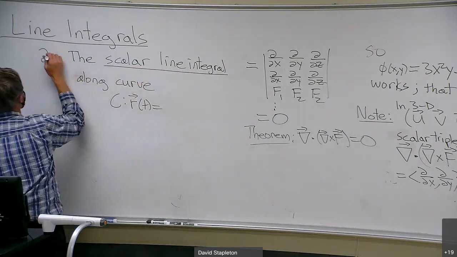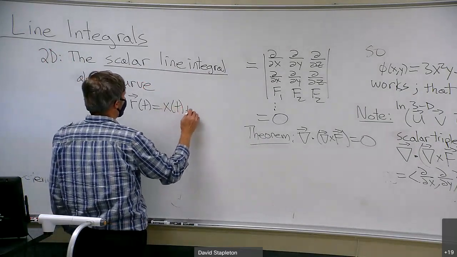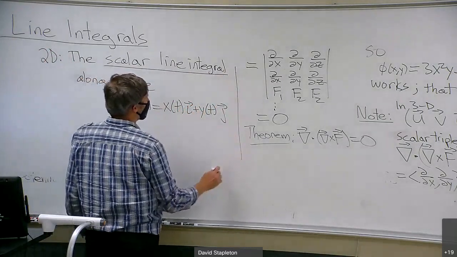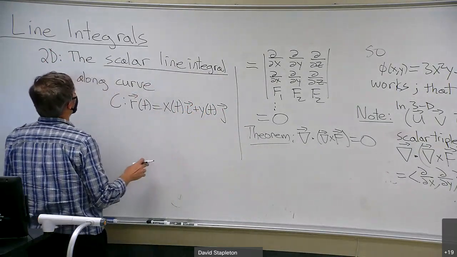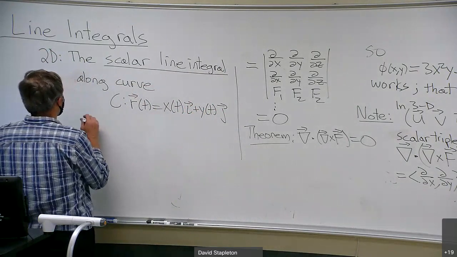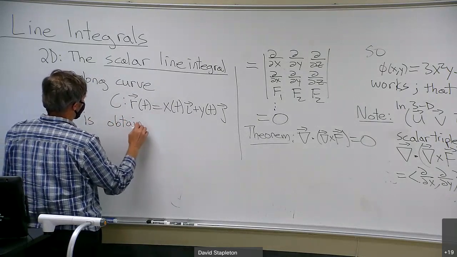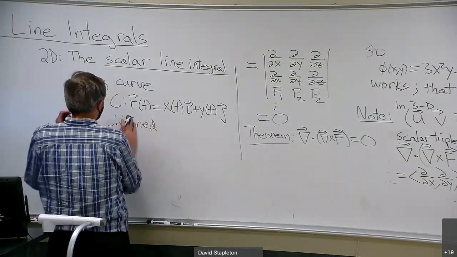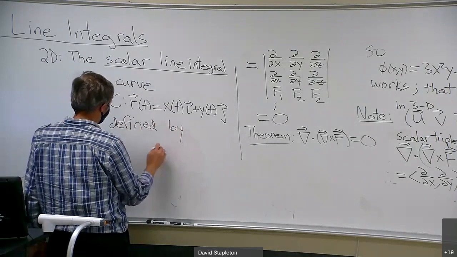Let's do it in 2 dimensions. r of t equals x of t i plus y of t j.